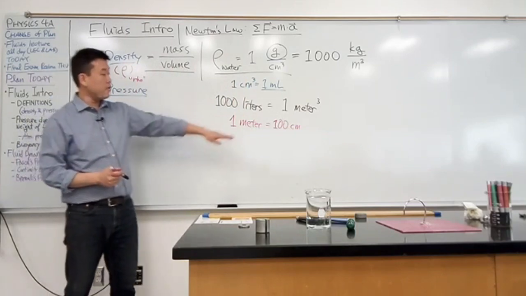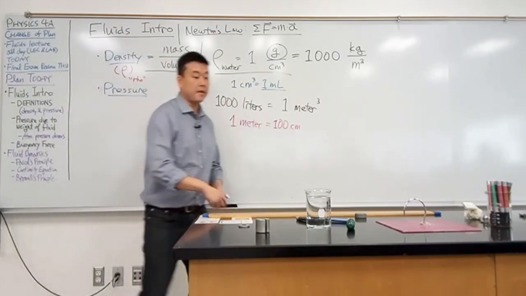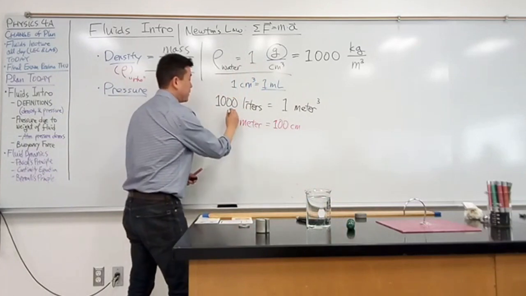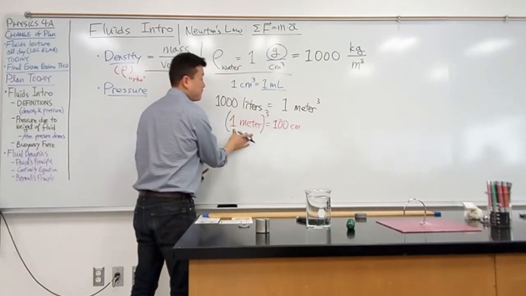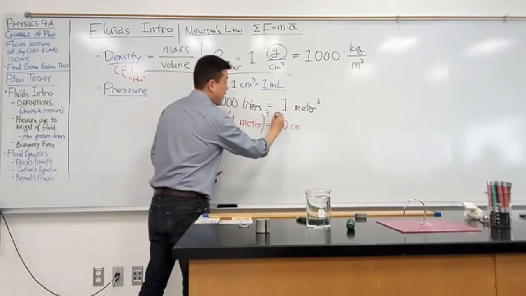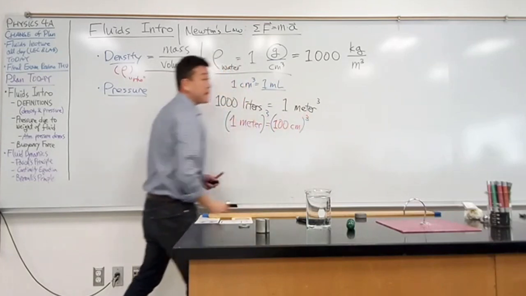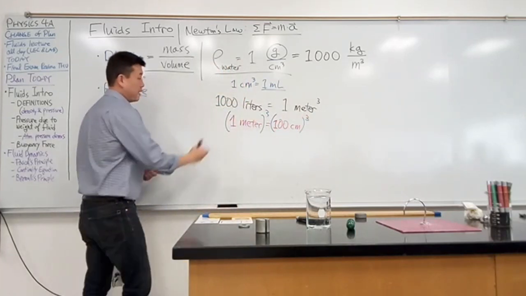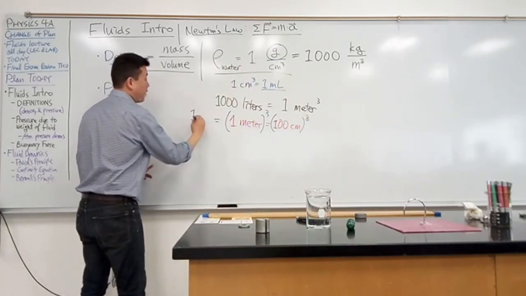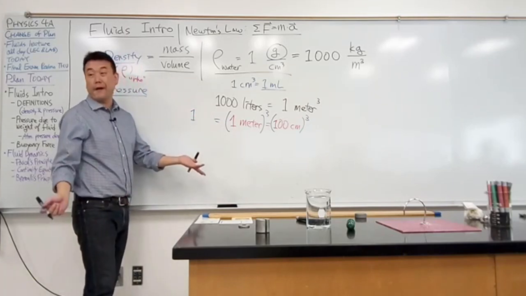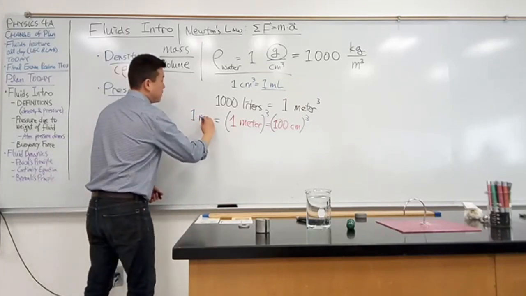And when you want to turn this into volume, then what you are doing is you are cubing it. Take the cube of the left-hand side. At the same time, take the cube of the right-hand side. Then the left-hand side becomes 1 cubed, that's just 1, times meter cubed.